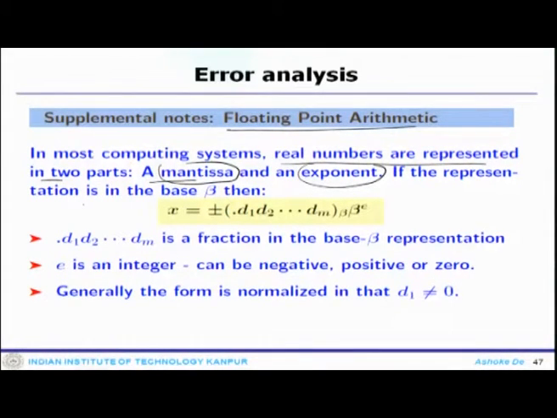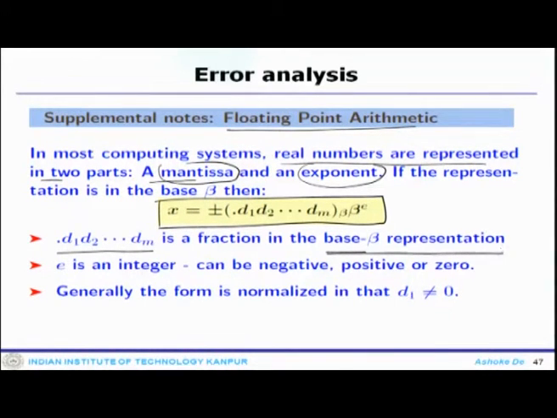If the representation is in base beta, then x is written as plus or minus 0.d1 d2 d3 ... dm times beta to the power e, where 0.d1 d2 d3 ... dm is a fraction in the base beta representation. You will be able to appreciate this once we move ahead and see an example of how you represent this mantissa and exponent component.